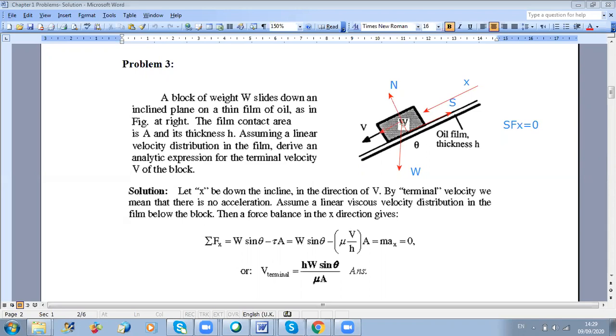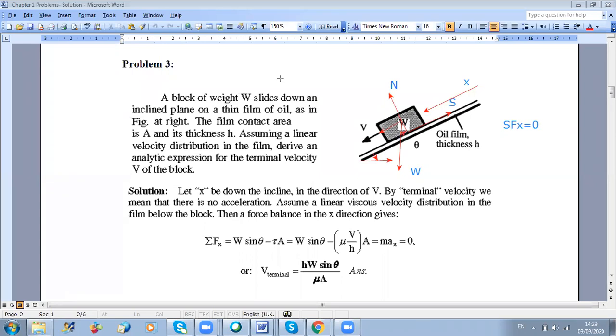Since the angle between the horizontal and the inclined plane is theta, this will be equal to this angle here, so this is theta also, and this is 90 minus theta.